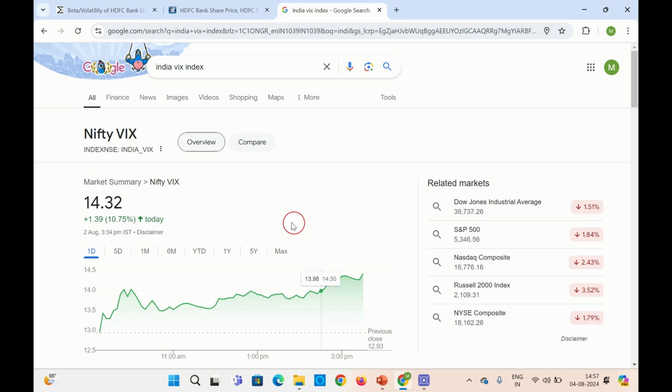Again, please note, the India VIX index will not go up just because stock values are falling. No. India VIX index will go up only if there is fear in the market regarding their investments, uncertainty, confusion in the market. For example, around elections, India VIX index always used to go up, and after the announcement of results, it used to drop down.